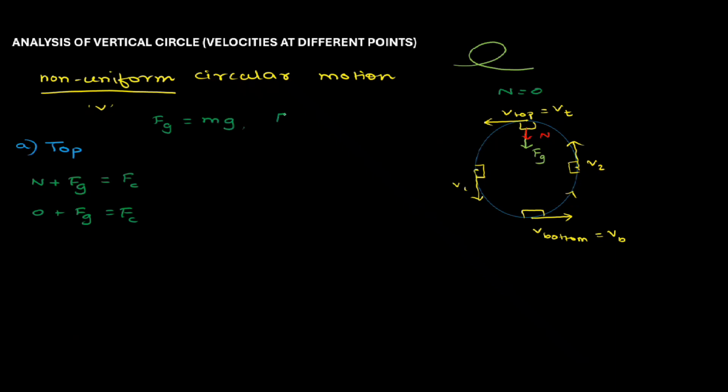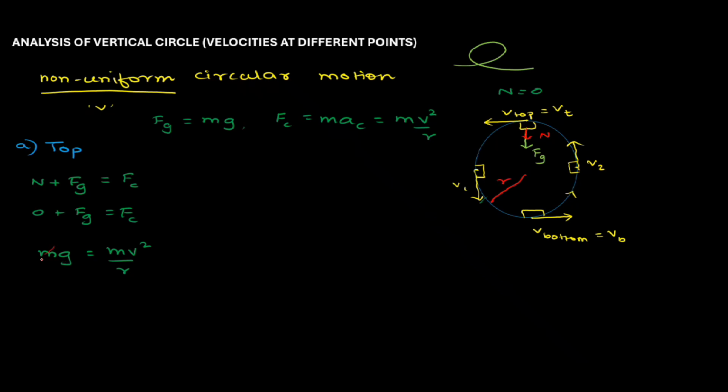And centripetal force I can write as m times centripetal acceleration. Since I'm finding the linear speed v, I will rewrite this expression for ac as mv squared over r. So let's substitute them here. Fg I will write as m times g. Fc I will write as mv squared over r, where r is the radius of the circular path.